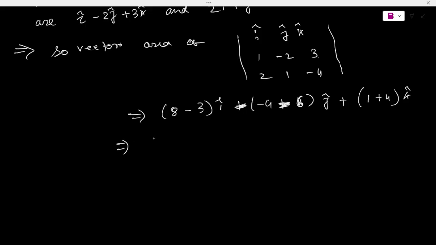The result will be basically 5 i cap plus 10 j cap plus 5 k cap.